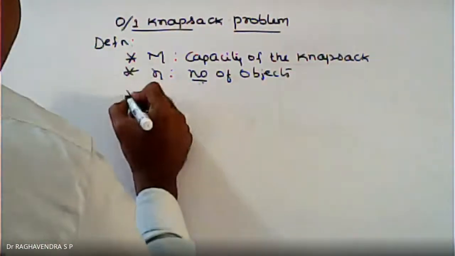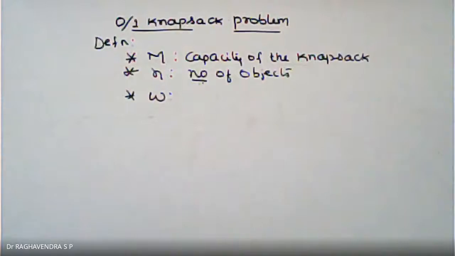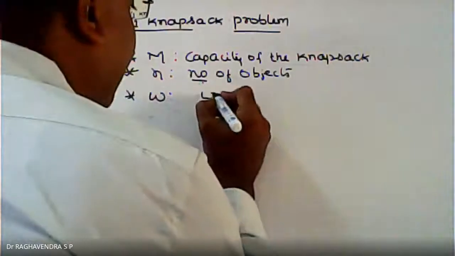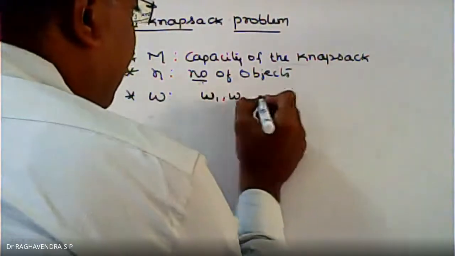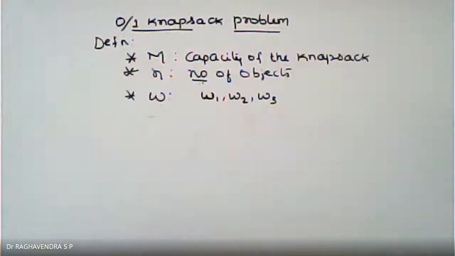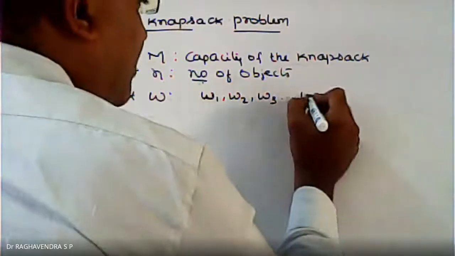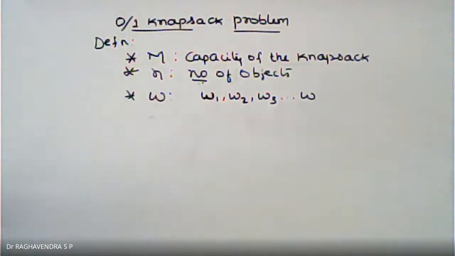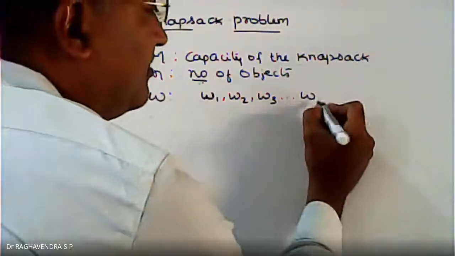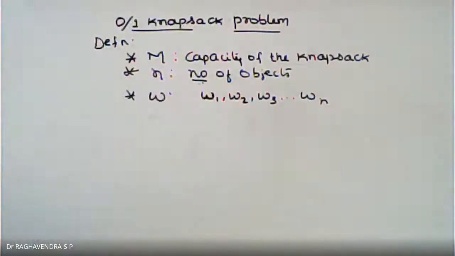Next we have W, which means an array consisting of weights: W1, W2, W3, and so on up to WN, because there are n number of objects.